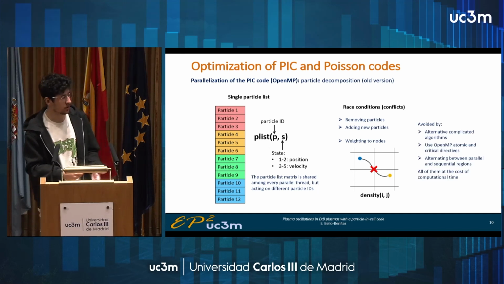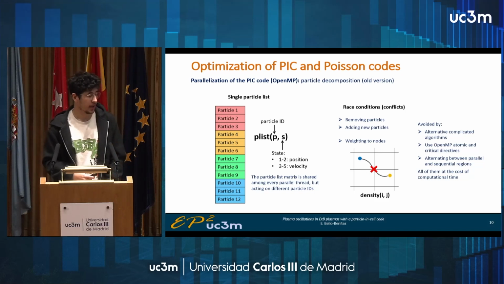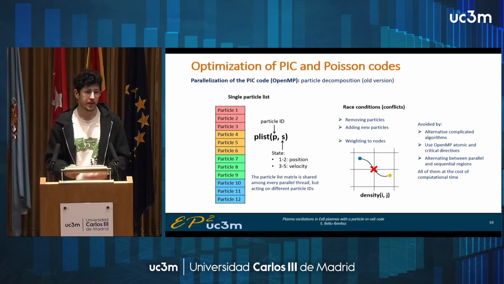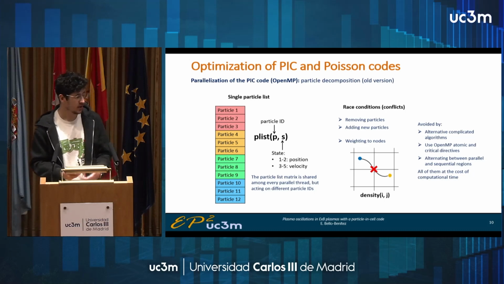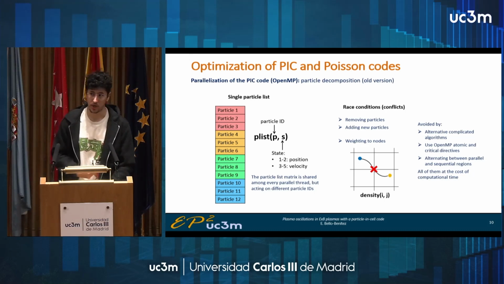So to avoid all these race conditions, there are several alternatives. We can do more complicated versions of the algorithms that we already have, we can use OpenMP special clauses to prevent those conflicts, or we can alternate between parallel and sequential regions in our code, but all of them come at the cost of computational cost.